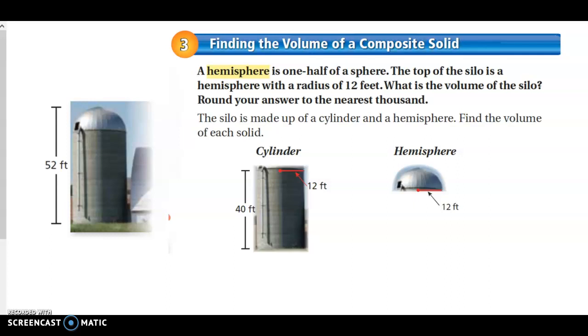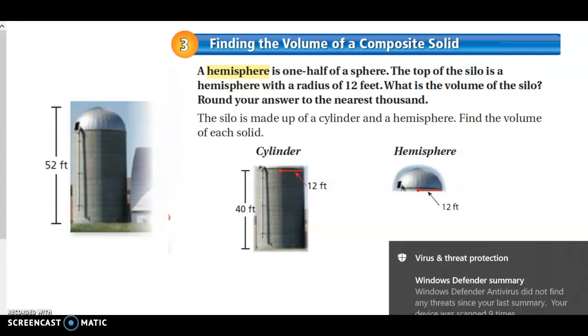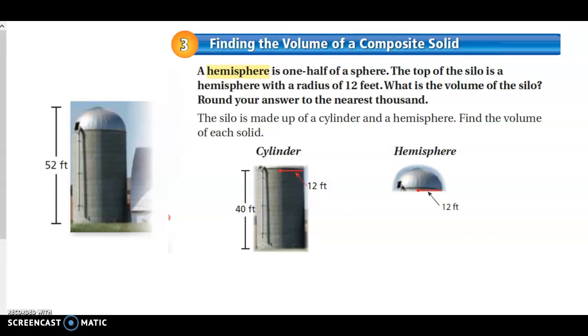So we need to find out their volume separately. First, as we know, the cylinder volume V will be equal to pi r squared times h.